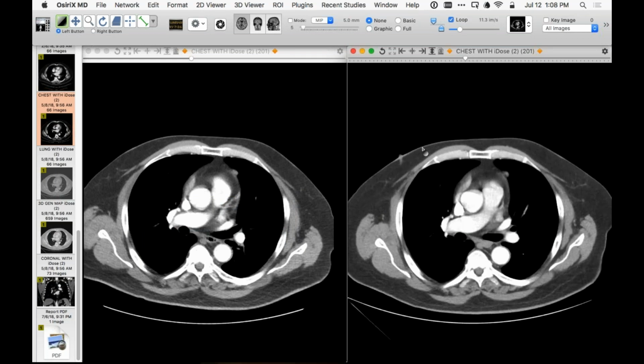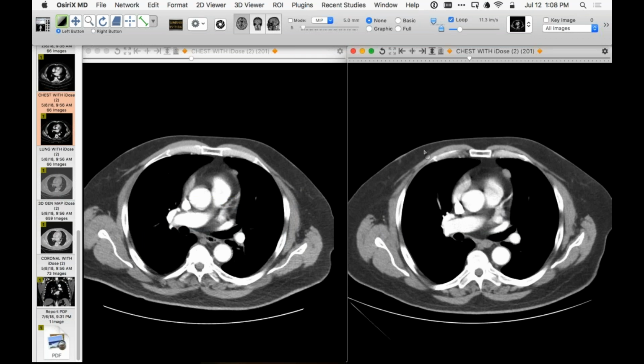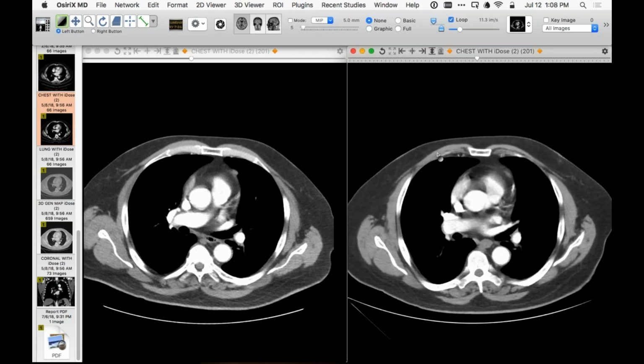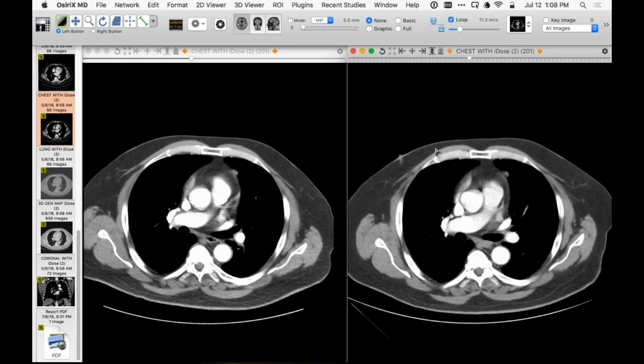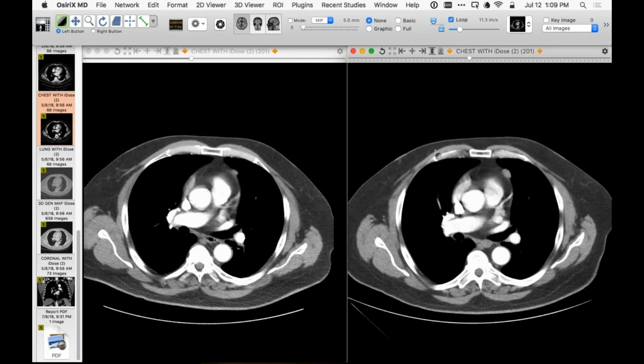I think it's really hard to know whether it is arising from pleura, perhaps even pericardium, or in the mediastinum because of its location. But it's certainly well circumscribed. It has smooth margins. Of course, it's not likely to be a metastatic lesion by virtue of its slow growth and the fact that it's there in isolation.